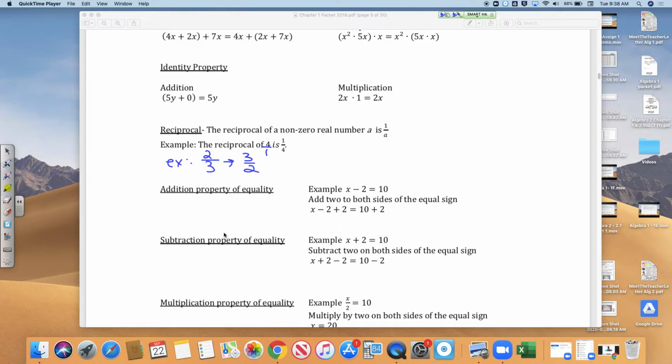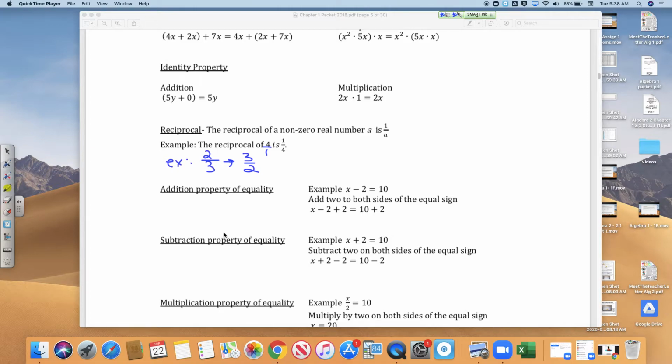The addition property of equality. So the addition property of equality basically says if you have something like x minus 2 equals 10, you can take this and you can add the same number to both sides and keep the equation equal. So like x minus 2 equals 10, if you add 2 to both sides, you're still going to be able to do that because you added the 2 to both sides.